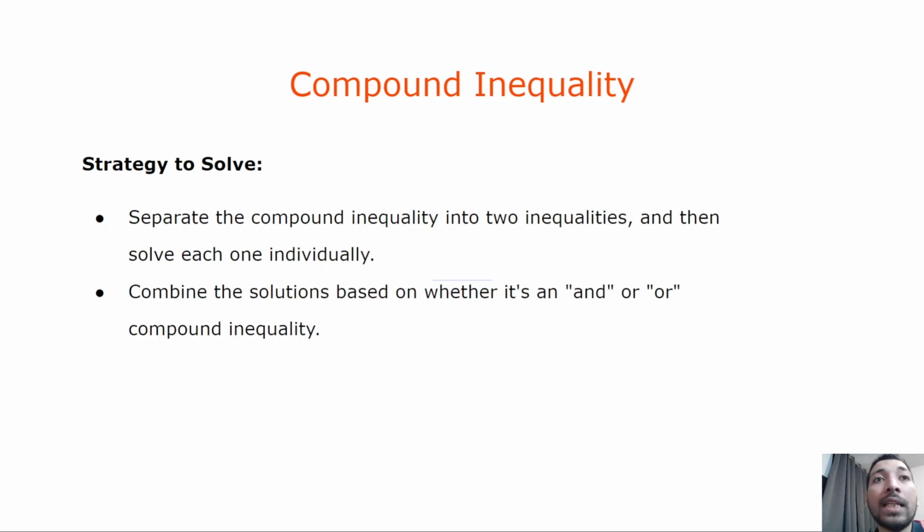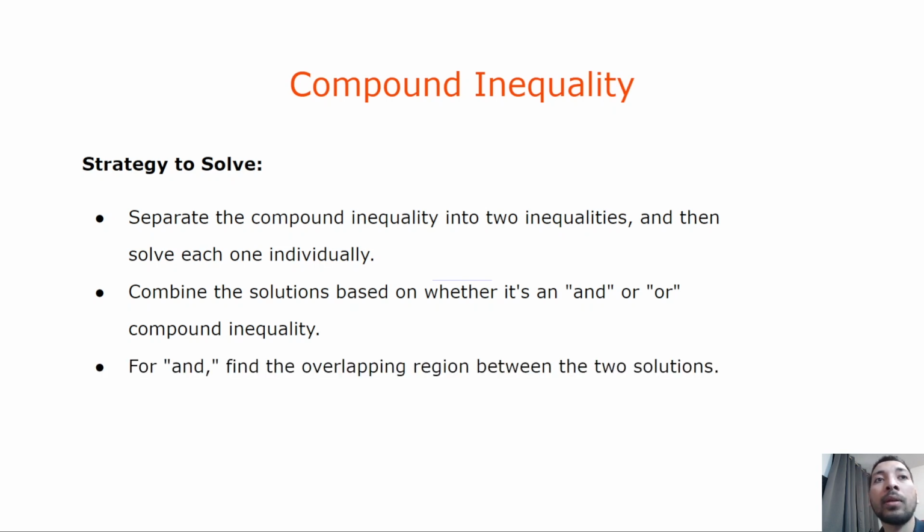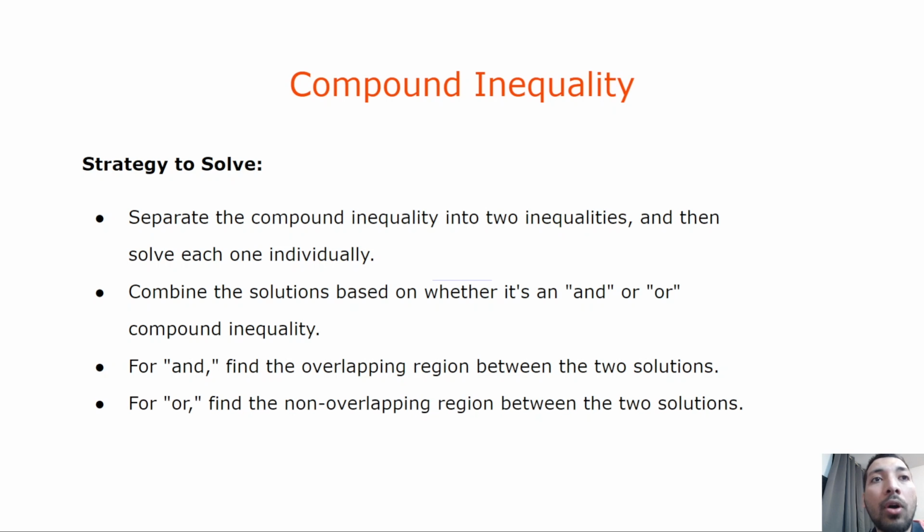The second is we combine the solutions based on whether it's an and or an or compound inequality. So if we have and, we just make the merge, and if we have or, we just make the union. So for and, we just find the overlapping region between the two solutions, and for or, we just find the non-overlapping region between the two solutions.